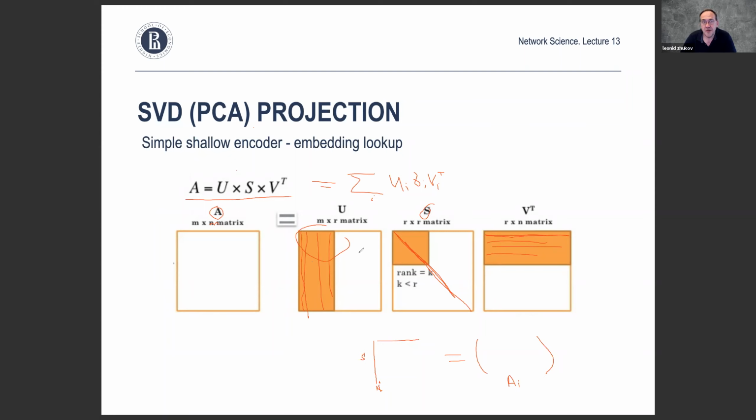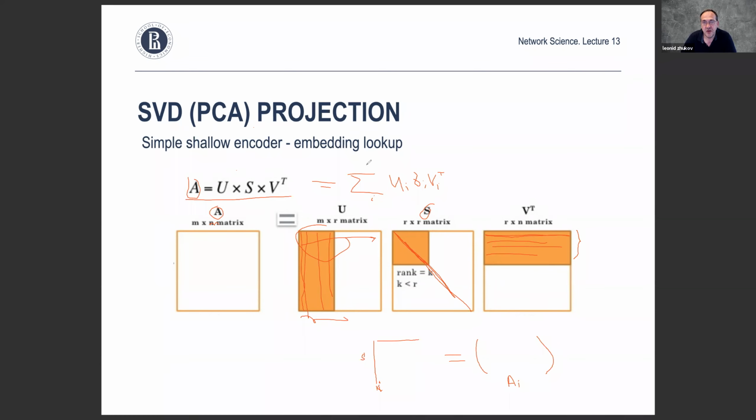What's interesting about SVD is that if you multiply all the way through, you will exactly reconstruct the matrix. But if you use just a few of those columns, then you can build an approximation.